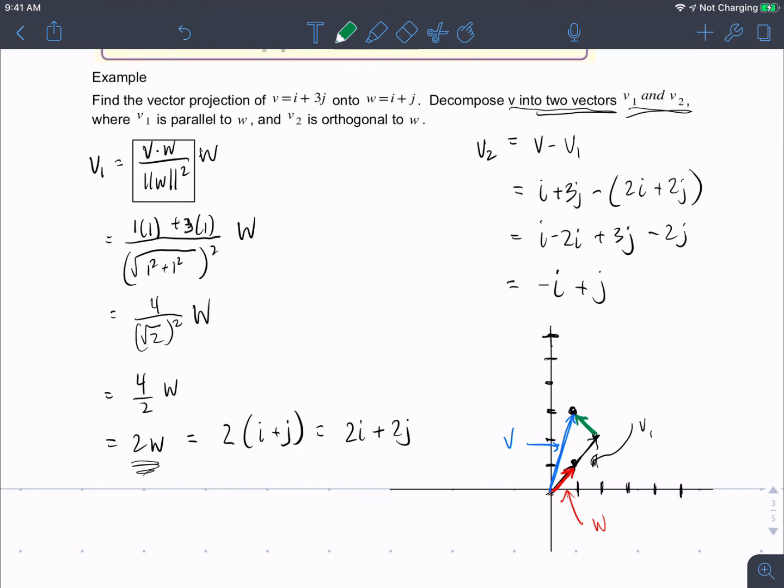So v1 plus v2 is going to be the resultant vector. We can see that this v2 is perpendicular right here to w. That's pretty cool. v1 is parallel with w, and v2 is perpendicular. I hope you found this beneficial. As always, all the best.